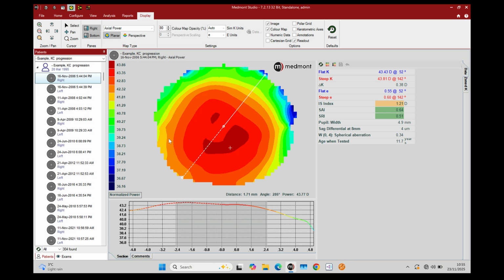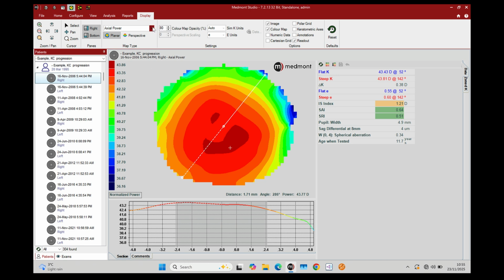The other metric that's very useful is the K max value. So what is the very steepest point on this cornea? And if we do this in axial, it's going to dilute down any very small changes, so it's less sensitive. But in axial, we can see that we've got 43.86 diopters.